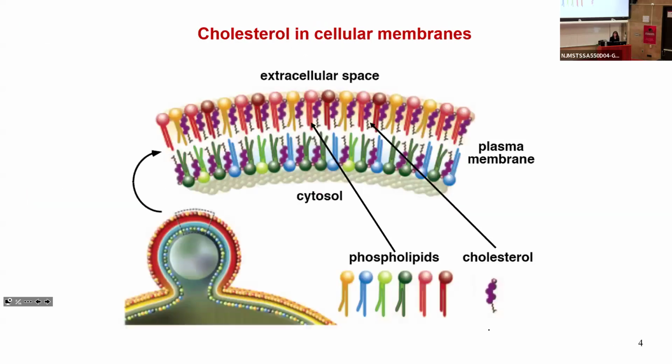So cholesterol is in cellular membranes. What you see here is just a cartoon, and it's a phospholipid bilayer shown here. So these lollipop-like structures with the polar head groups, the fatty acid tails, these are phospholipids. This is facing the extracellular space. This is facing the cytosol.